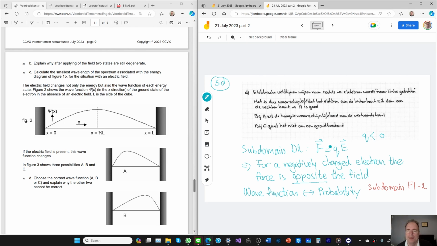Only when the charge is positive will they point in the same direction. In other words, the E field is to the right, so the force is to the left. The force pulls it to the left, which means that the electron can be more likely found on the left side. So that means that A should be the right answer here.